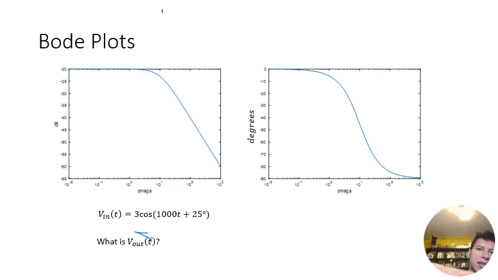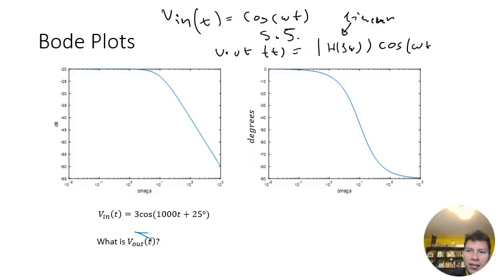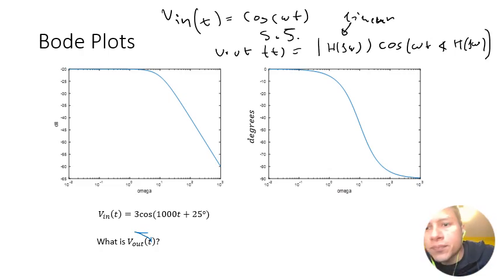Remember this formula that we saw at the beginning of class, that if Vin of t equals cosine omega t, then the steady state or phasor response V out of t will be equal to the magnitude of H of j omega in a linear scale times cosine omega t plus the angle of H of j omega. Sorry, it should be a plus.